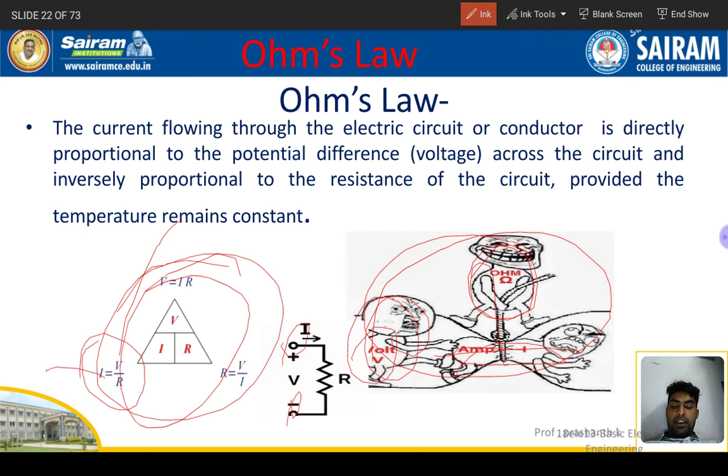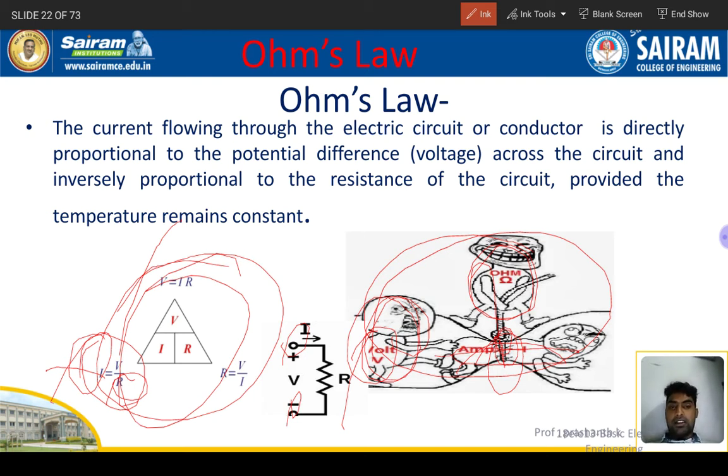And if resistance increases, it is inversely proportional, so definitely current will decrease. Suppose there is a rope, and a person is pulling over here. If the resistance increases, the current flowing reduces from here to here. The pressure, voltage, will be there, but it will be reduced. So that's one statement.